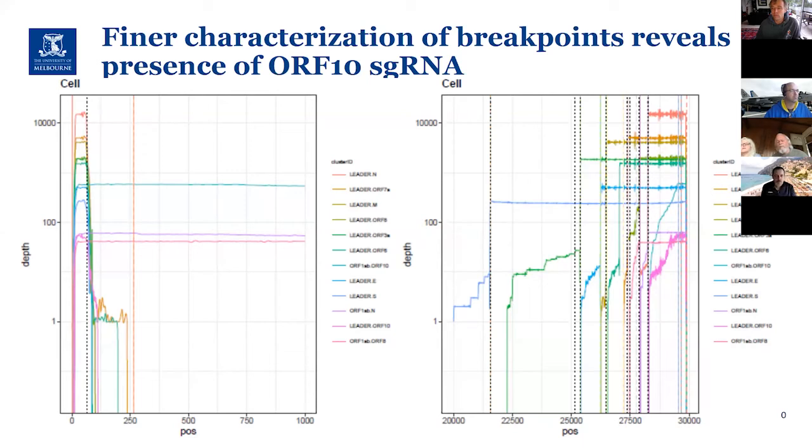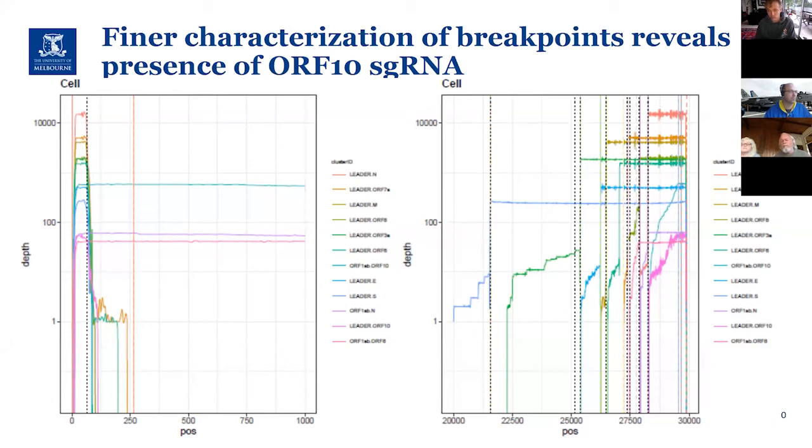subgenomic mRNAs do have the sharp breakpoints, but now we can look at some of the ones which are slightly less abundant. In particular, I'll draw your attention to the purple line in the bottom right-hand corner. This corresponds to reads for which the next downstream open reading frame is ORF10. This is the reason we missed it from the histogram clustering point of view, because there's not a sharp breakpoint.